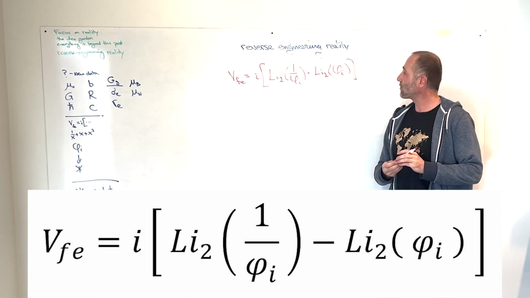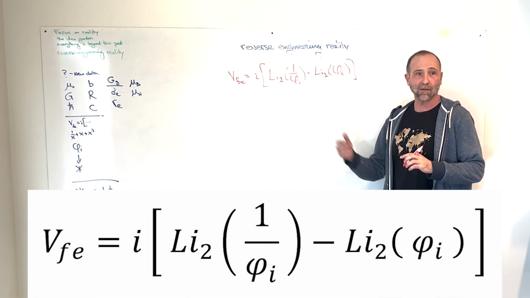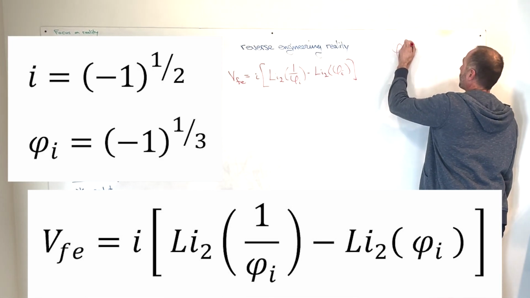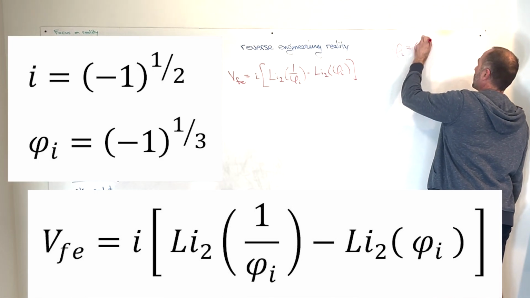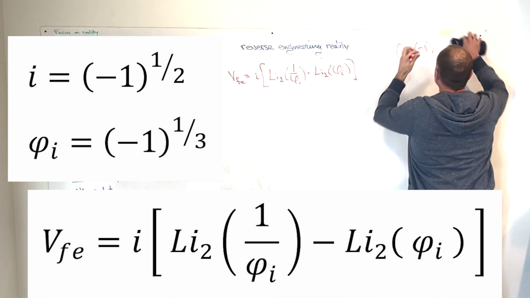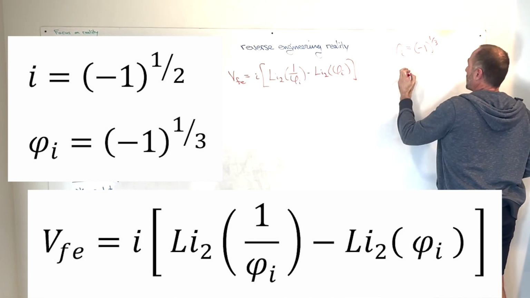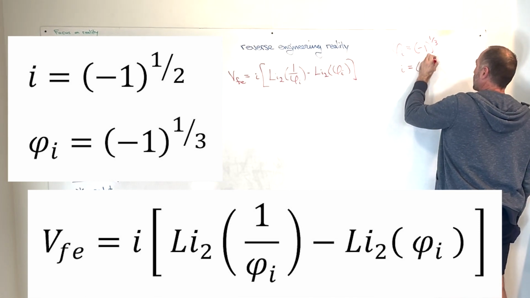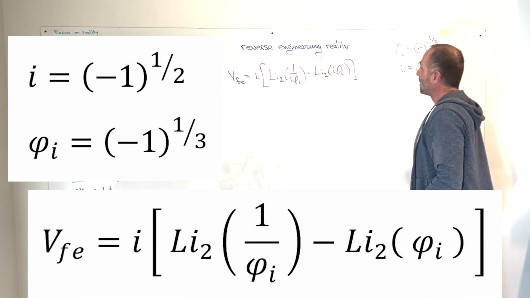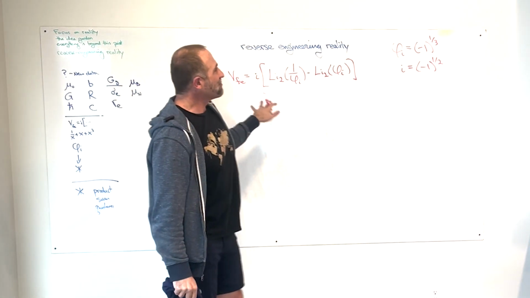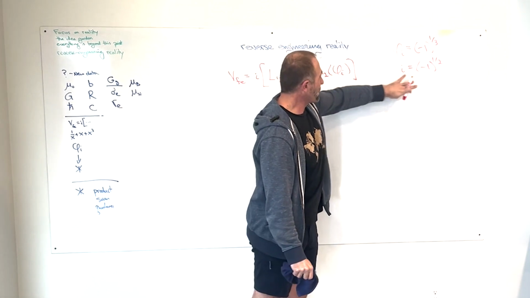The arguments here are 1 over the imaginary golden ratio and the imaginary golden ratio, which again is equal to -1 to the 1/3. Remember, i is equal to -1 to the 1/2. So these geometric numbers are both on the unit circle, right?